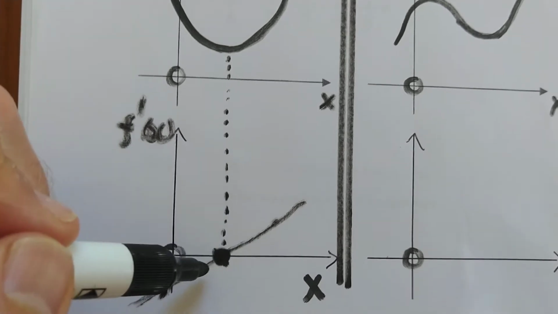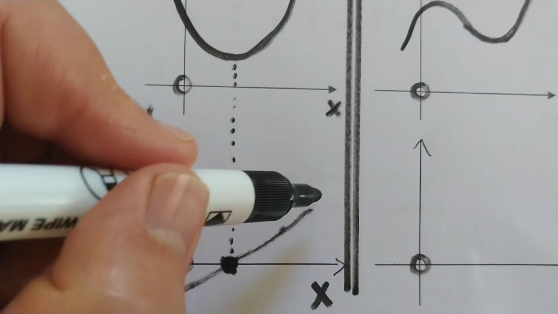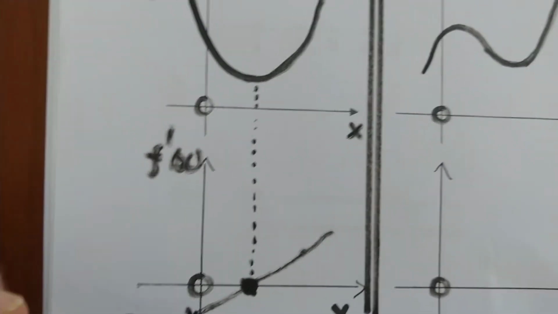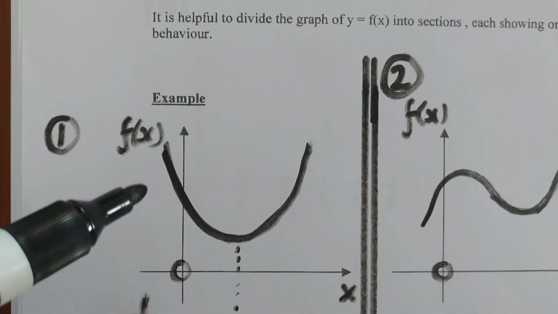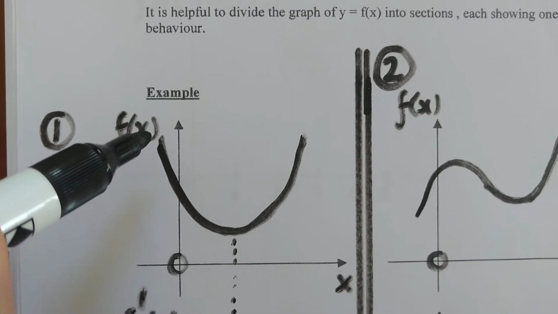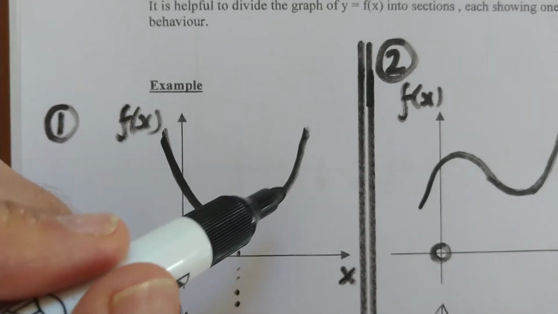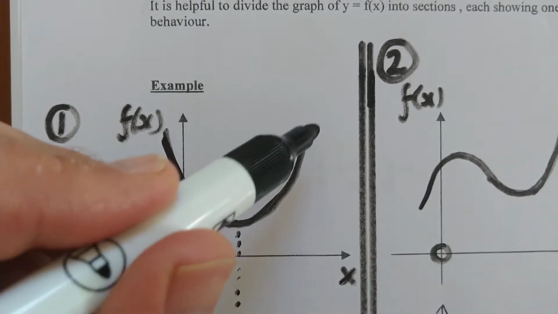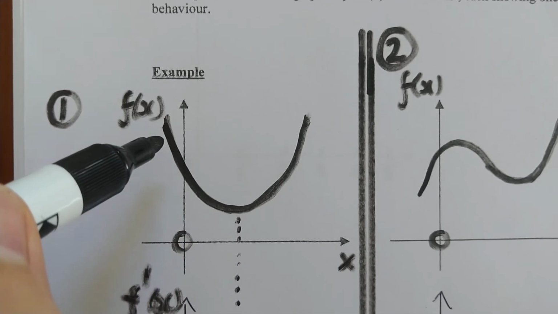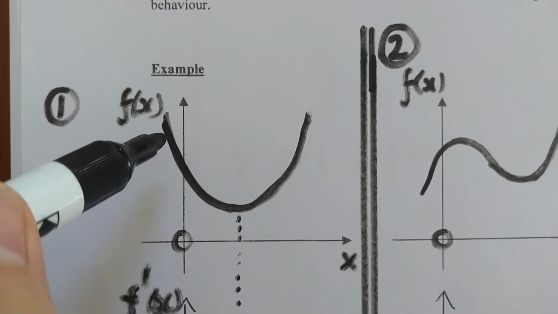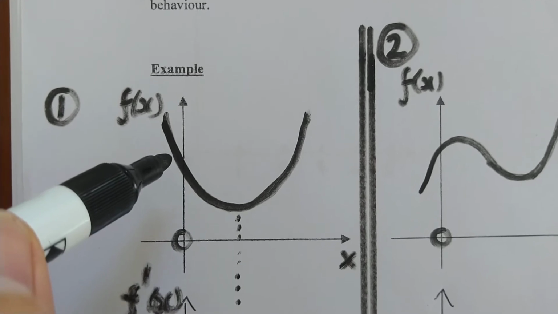Normally I'd say do a smooth curve. In this case, I've done a straight line. Why? Because we know that if we have something like f of x equals x squared, whether there's something else after that, like x squared plus 3x plus 2 or whatever, when I differentiate x squared, I get 2x.